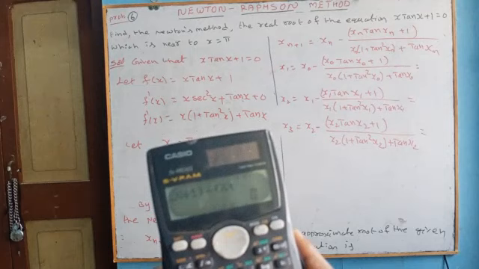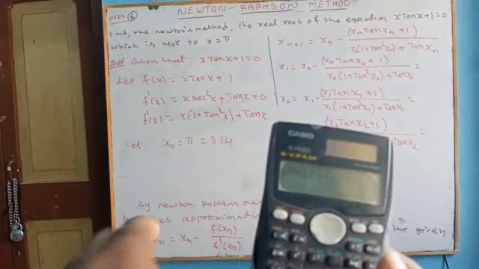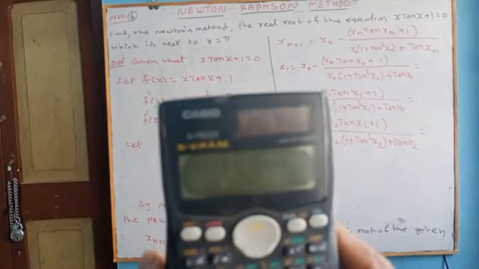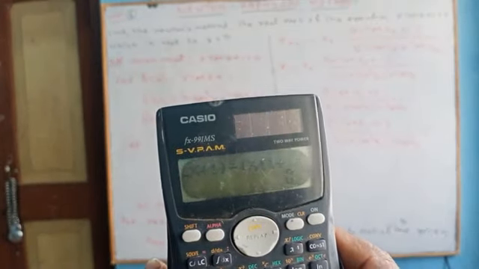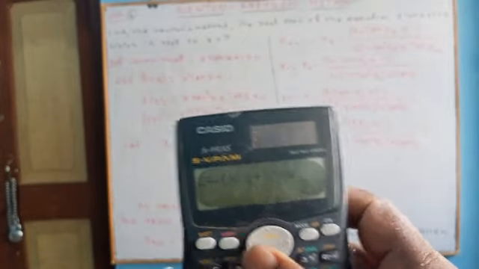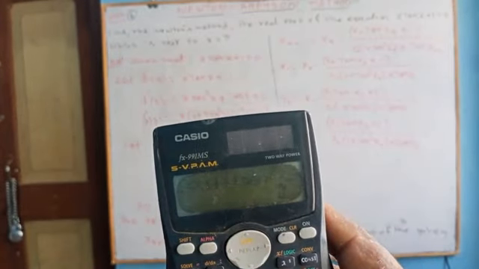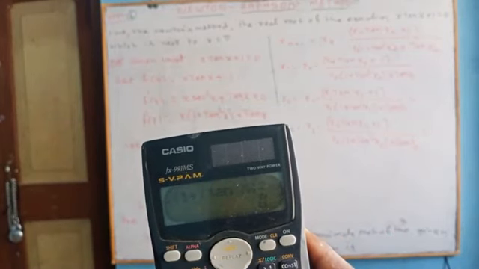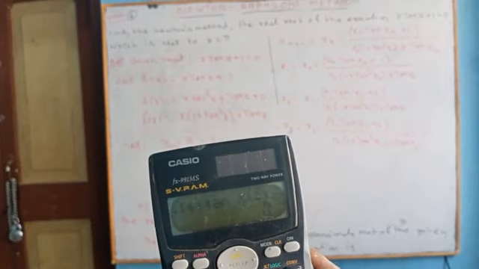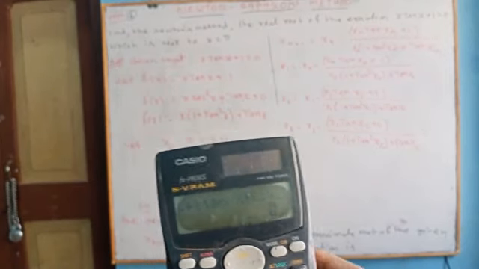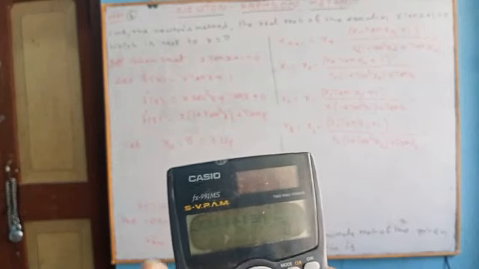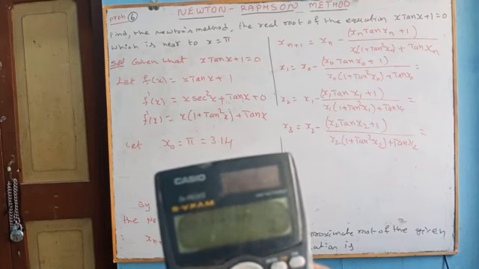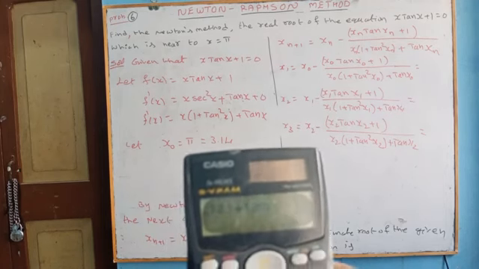For tan square x, put tan x in a bracket and then press the square. Once again, open the bracket for tan x and bracket close, that is tan x square. 1 plus tan square x, bracket close for 1 plus tan square x, plus tan x, bracket close for denominator and bracket close for entire fraction.